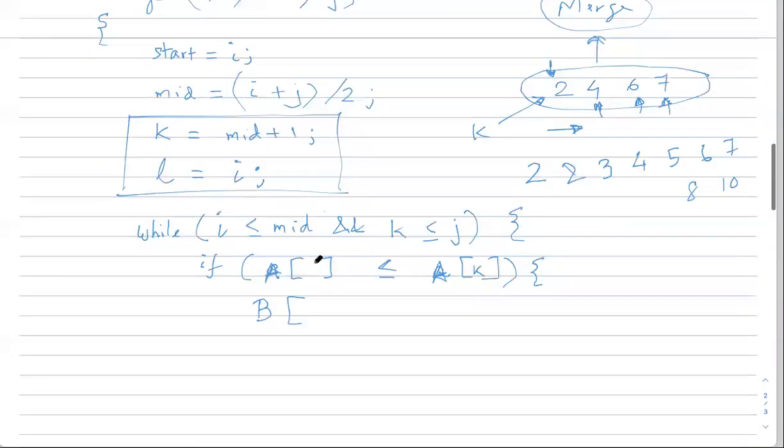So we are keeping this I. The reason is that we want to use L for our auxiliary storage. So we can say B of L plus plus equal to A of I plus plus.